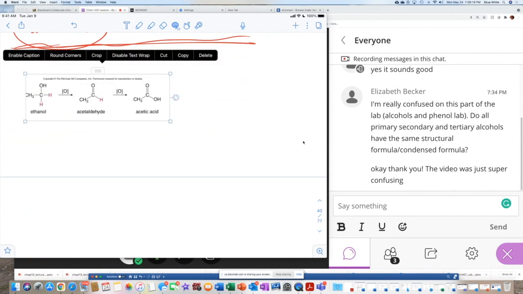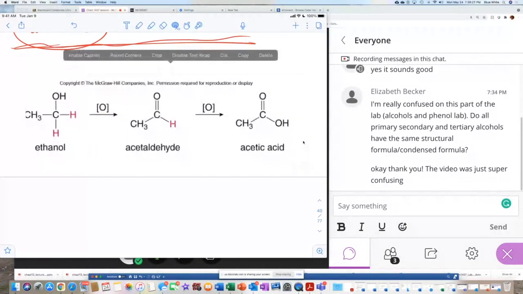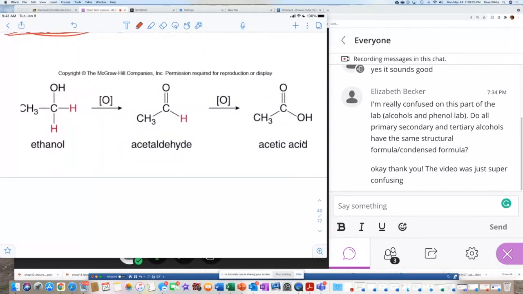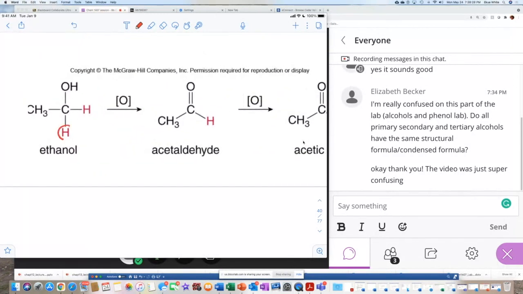So here. Okay, I'm going to illustrate this part here. In the first step of the oxidation, just notice this, right? These two hydrogens are leaving. Oh, sorry. I hate the way they wrote it. These two hydrogens are leaving.